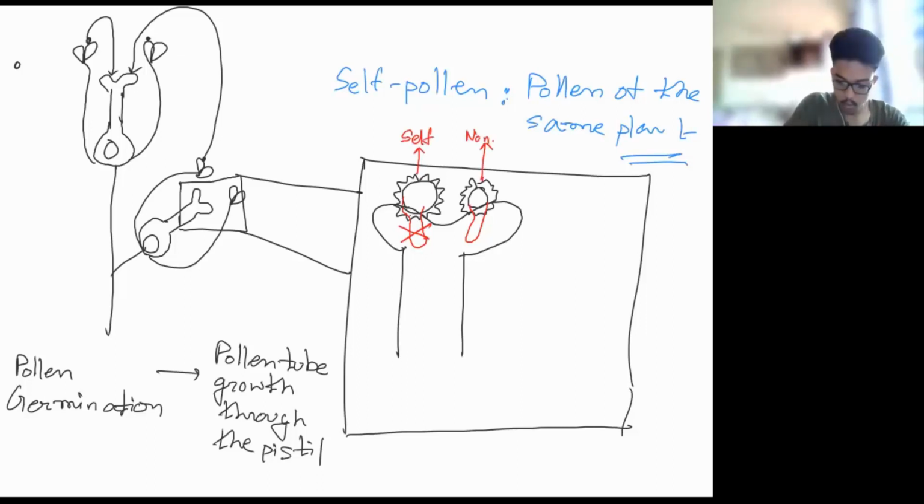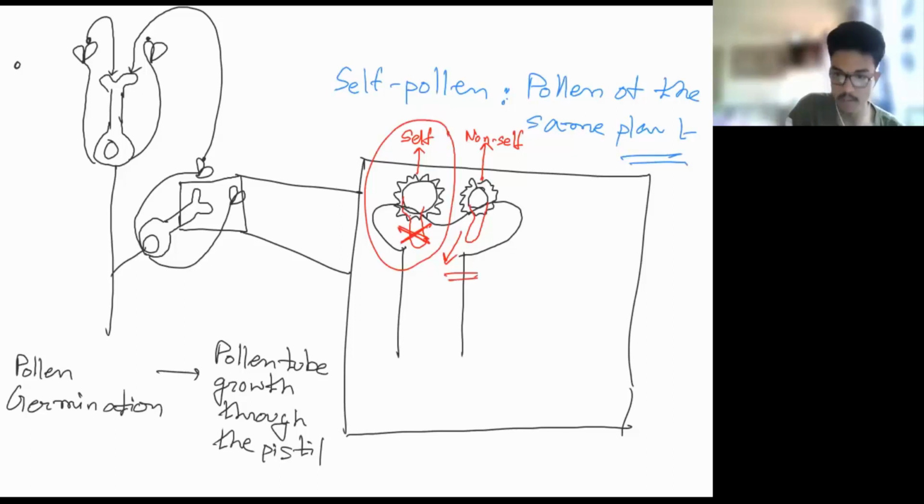So what does it do? If it's a self pollen, it is going to inhibit the formation of the pollen tube. But if it's a non-self pollen, it is going to support and enhance the rate of growth of this pollen tube. So this thing comes under self-incompatibility.